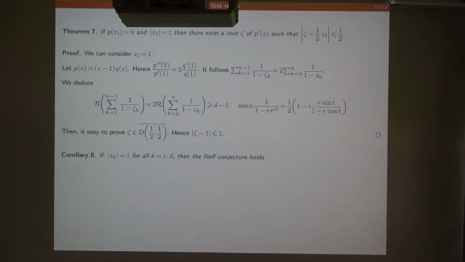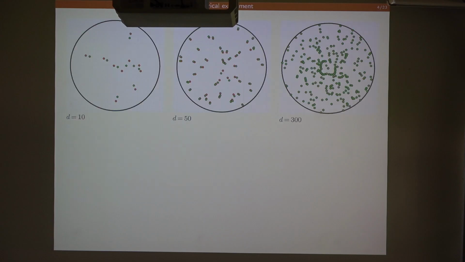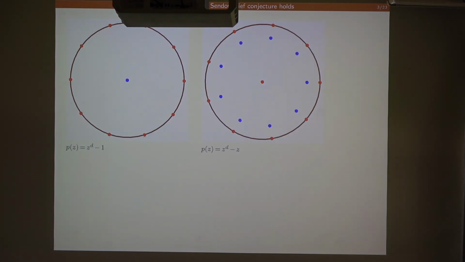It's a generalization of this situation here. Because now you can suppose any zk on the circle and you have the Sendov conjecture.